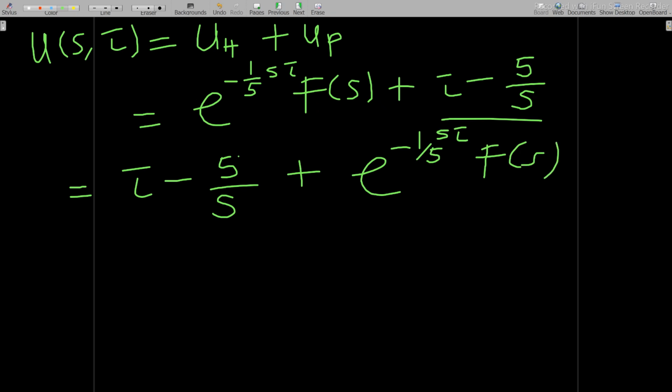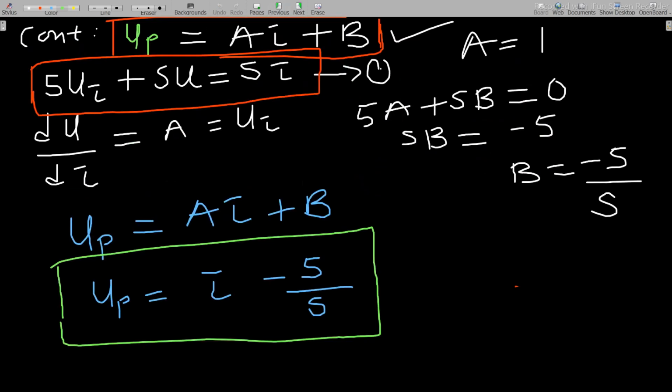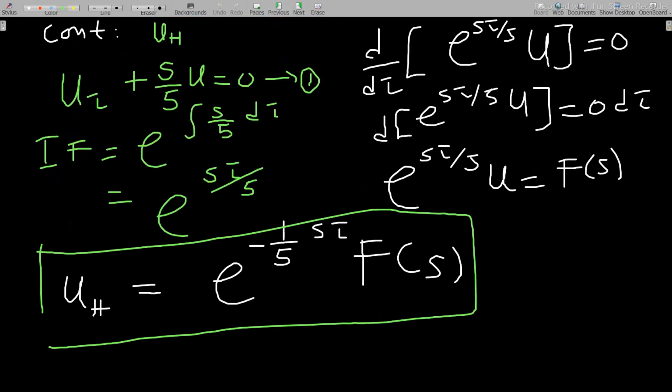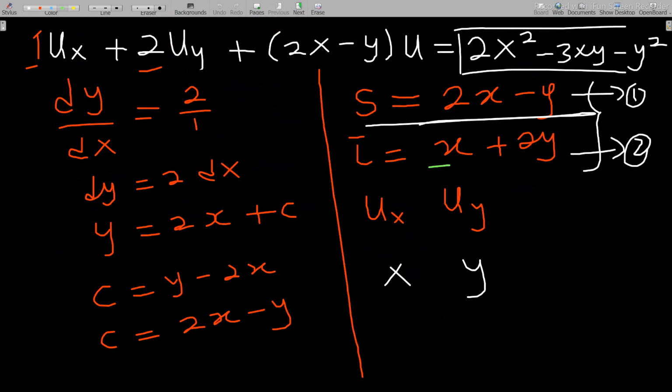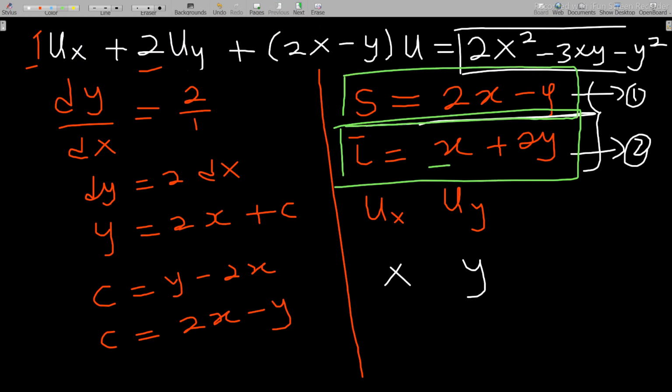Let's go back to our slide and see what our tau is and what our S is. This is tau, and this is my S. So S is 2x minus y, and tau is x plus 2y. So let's quickly add it to it.